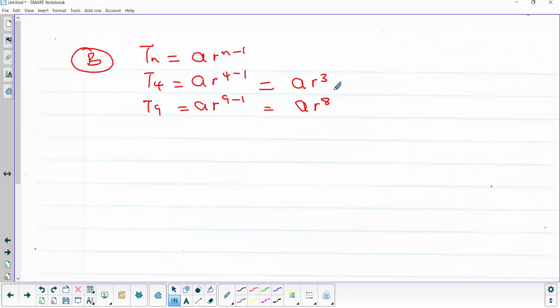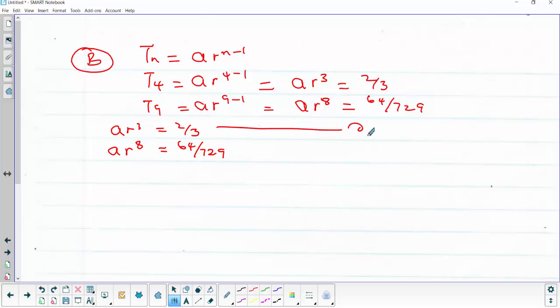Don't forget that these have been given in the question, which is 2/3 and 64/729. So let us write it properly now. We have AR cubed equal to 2/3. We also have AR to power 8 equal to 64/729. Let us take this as equation 1 and this as equation 2.